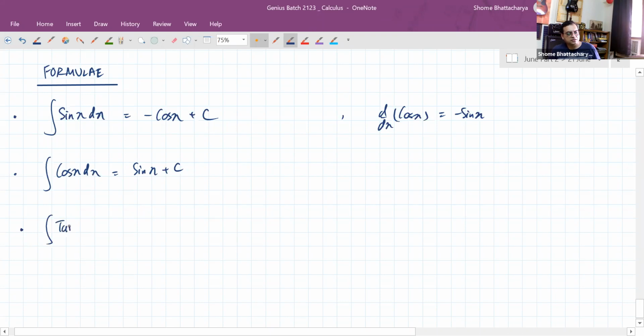Integration of tan x is natural log of sec x plus c. Now this one is a little more complicated in proof.